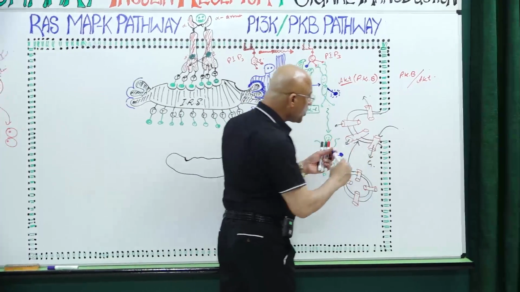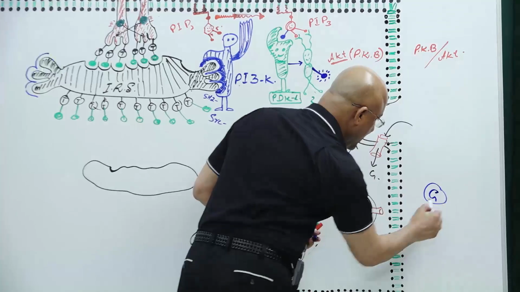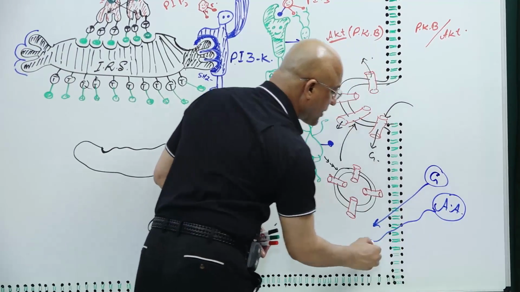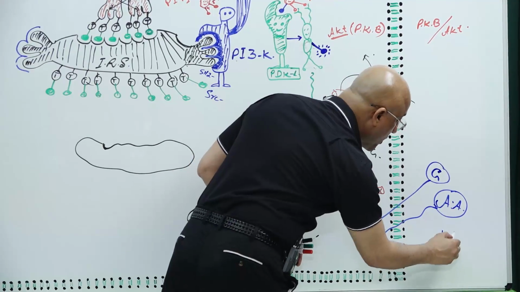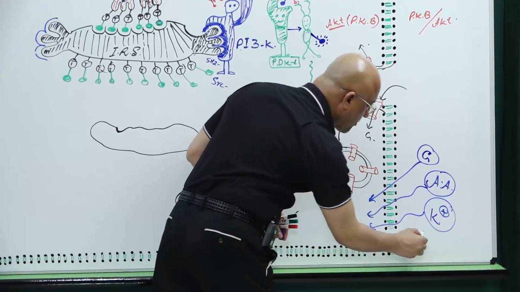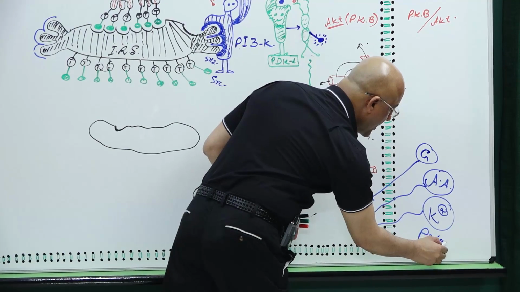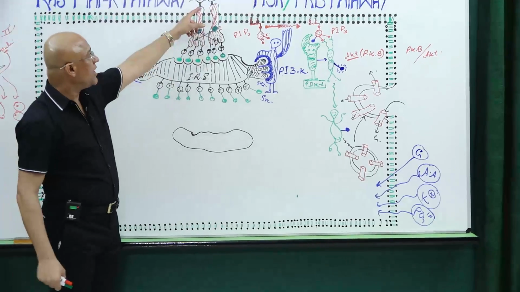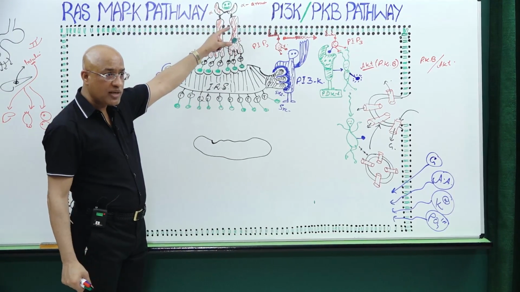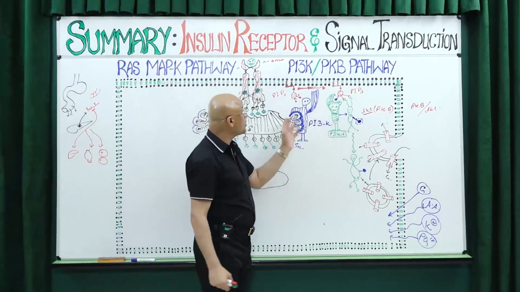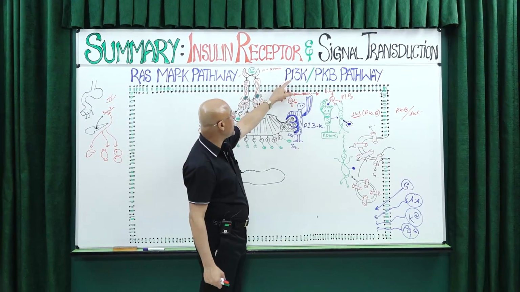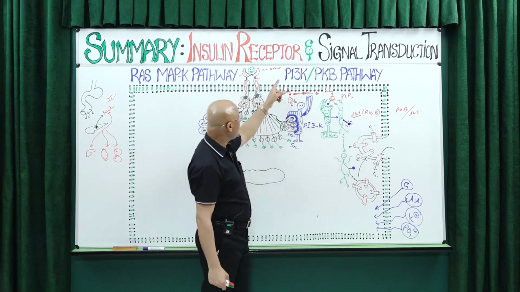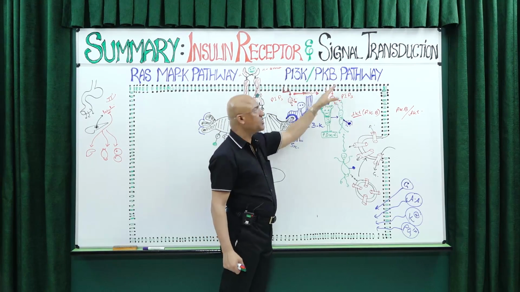And not only is glucose uptake enhanced, I will mention that not only glucose is coming, even the transport mechanisms for amino acid uptake are also enhanced. Even pathways for potassium uptake and phosphate uptake are also enhanced. So we can say that once insulin levels in the blood go up and they stimulate the receptor and intracellular machinery through this pathway, this pathway is called the PI3K-PKB pathway, or the PI3K-PKB/Akt pathway.